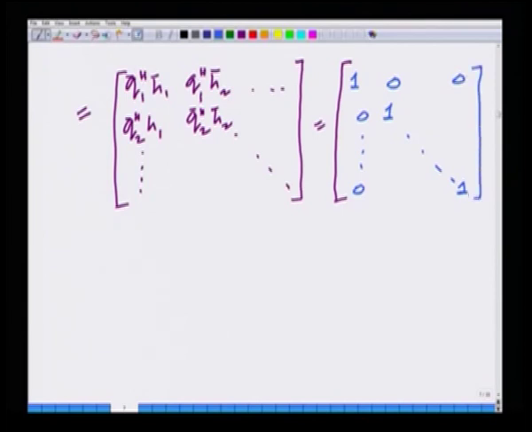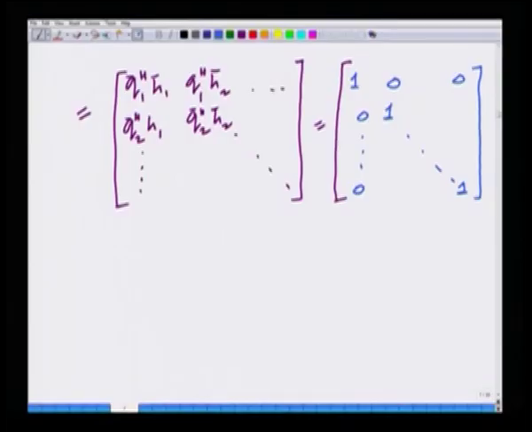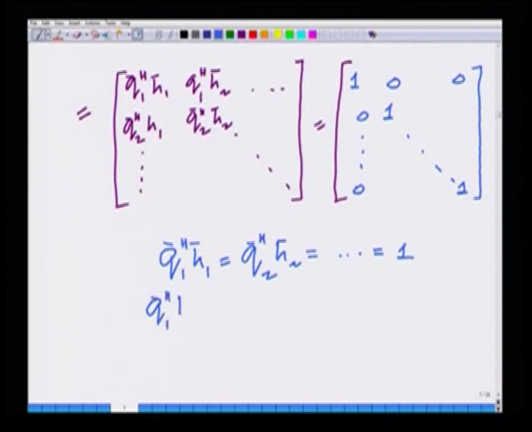So, Q Hermitian H, I have expanded it in terms of the rows of Q and columns of H. What I am saying is that it has a structure that looks like this, which is equal to the identity matrix, which essentially means that we have the following: Q1 Hermitian H1 equals Q2 Hermitian H2, so on and so forth, equals 1. However, the off diagonal elements in this matrix are 0, which means Q1 Hermitian H2 equals Q2 Hermitian H1, so on and so forth, and all those off diagonal elements are 0.